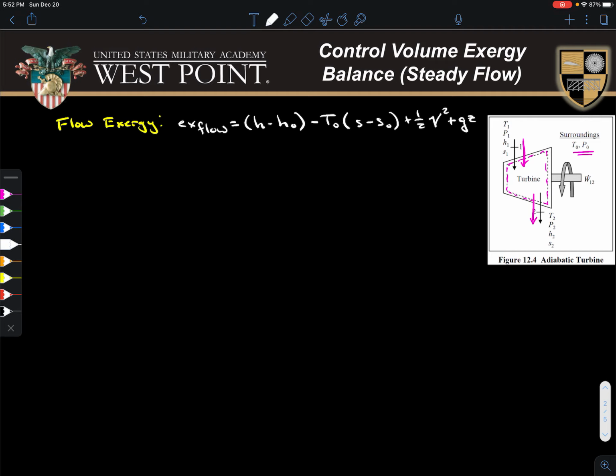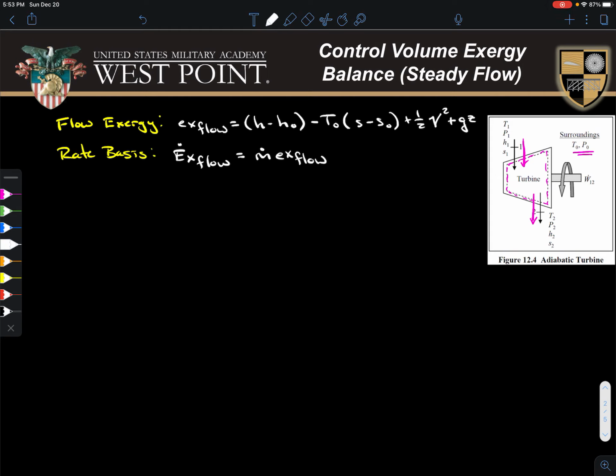So these are, say, kilojoules per kilogram. That was equation 12.43 that we saw. We could then describe it on a rate basis, so Exergy flow with a dot is equal to m dot times the specific flow exergy.